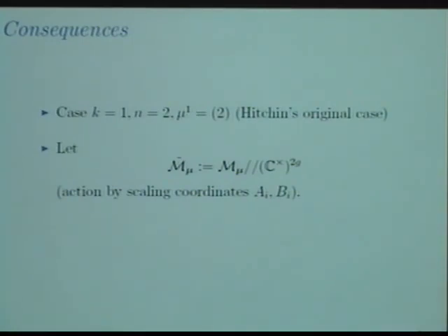So there's an action of C star to the 2G on the variety, and you can take the quotient by that and get this variety mu hat twiddle, which is really ultimately what Hitchin was studying. So that translates into the fact that the polynomial h mu hat zw has to be divisible by z minus w to the 2G. And again, that's conjectural, given that we don't know exactly that this is connected to the mixed Hodge polynomial of mu hat.